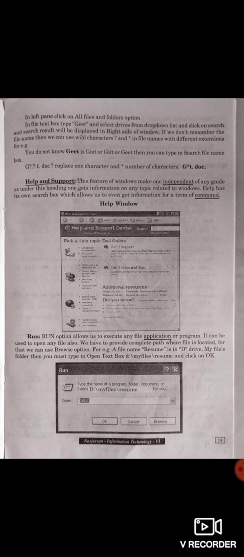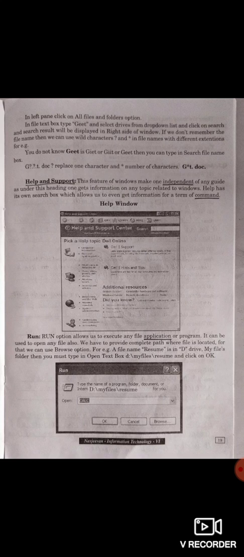Now help and support is an option or a feature which makes a user independent. Let's say we are new to computers and we do not know how to operate or what are the features of that particular Windows operating system. So what we can do is we can go to help and support and we can get ourselves educated on a particular feature or a particular topic that you may want.